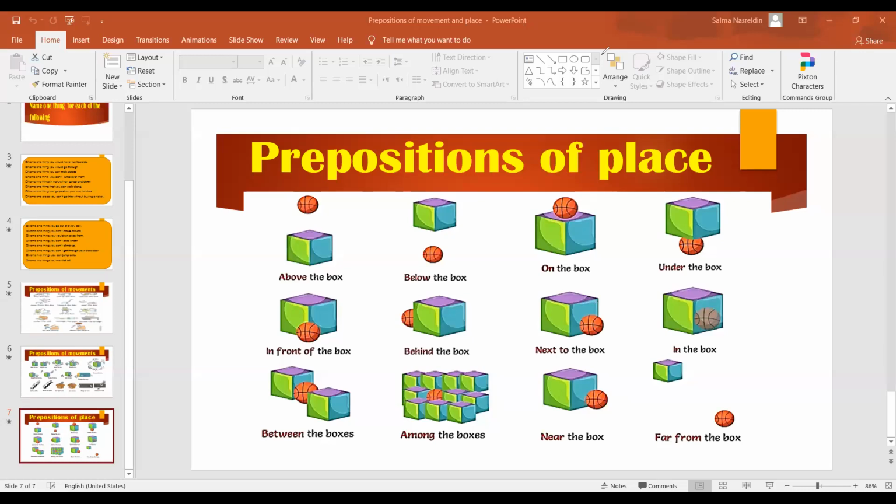Just one last preposition that we have here is against. Against is when you push something against its force. So for example, a wall, if you push, is it gonna be pushed? No. So you're gonna be pushing against the wall.